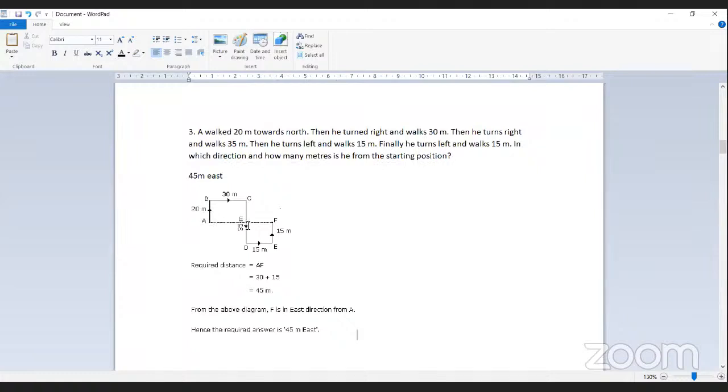So C till A will be 20, then 15 more. Here it is 15, that's why F will come exactly at A. But if it is not 15, suppose it's 20, it will be above, and the direction would be different. Understanding what I'm saying?